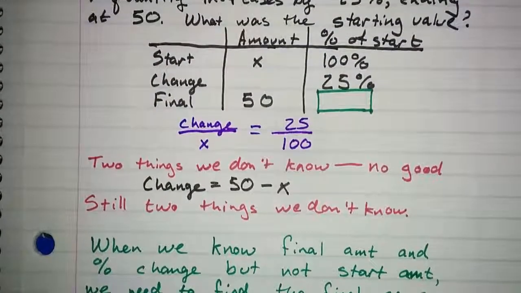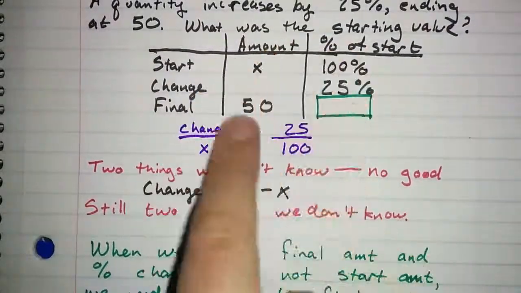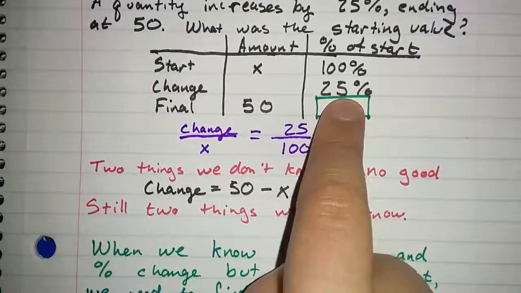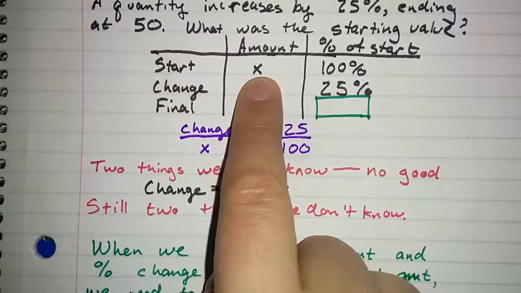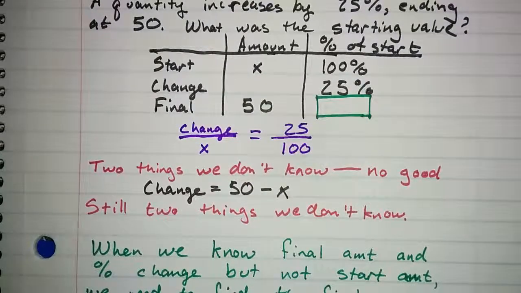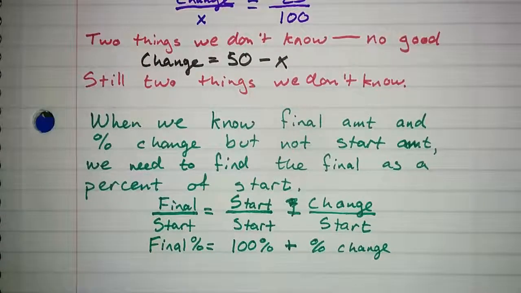So, when this is exactly what our problem looks like, we know the final amount and the percent change, but not the starting amount, only then do we need to figure out that final percent. So let's do that.